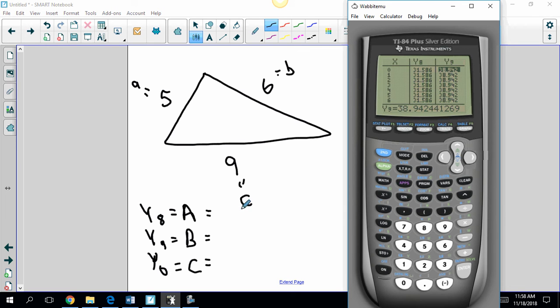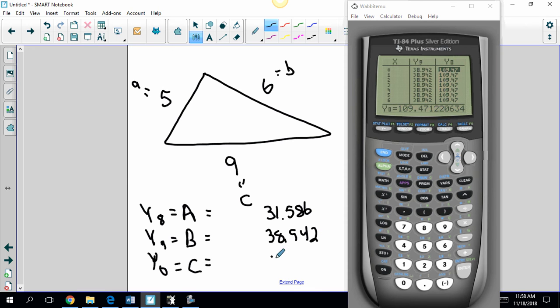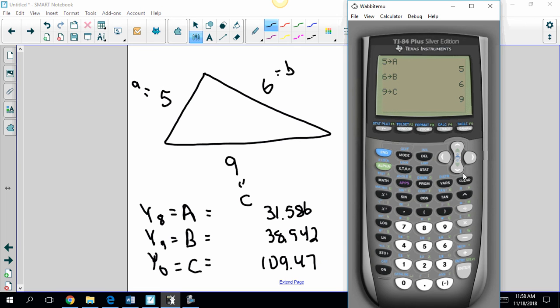Okay, so A is 31.586, 38.942, and 109.47. Once again, if you go Vars, Y-Vars, Function 8, Vars, Y-Vars, Function 9, and Vars, Y-Vars, Function 0, you get the decimal expansion of those three.